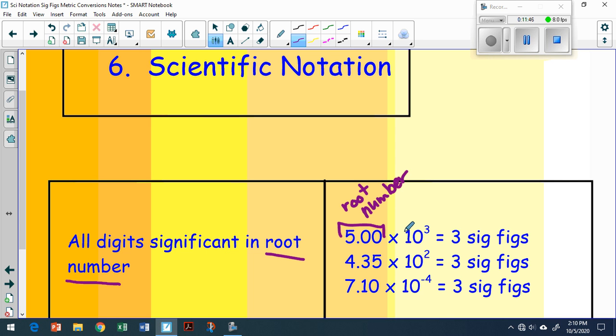So whatever precedes the times 10 to the is the root number, and that is where the significant digits are. All 3 of these digits are there because it's significant. Here, the 4.35 is the significant digits, and the 7.10. So whatever they convert to doesn't matter. These are the digits that are significant within this number.